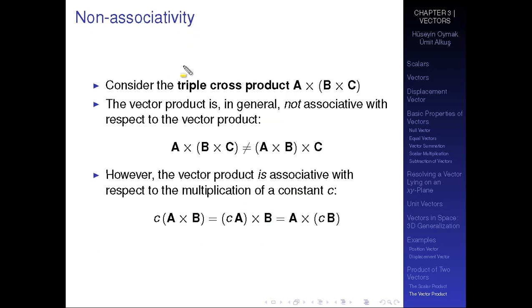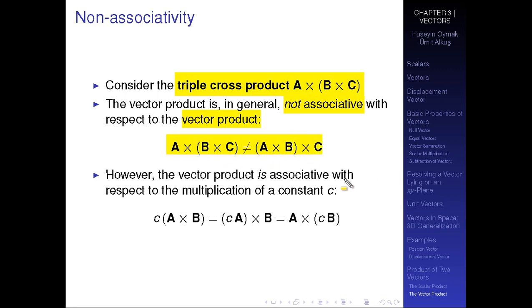Consider the so-called triple cross product, A cross B cross C. We claim that the vector product is not associative with respect to the vector product. That is, (A × B) × C is not equal to A × (B × C).